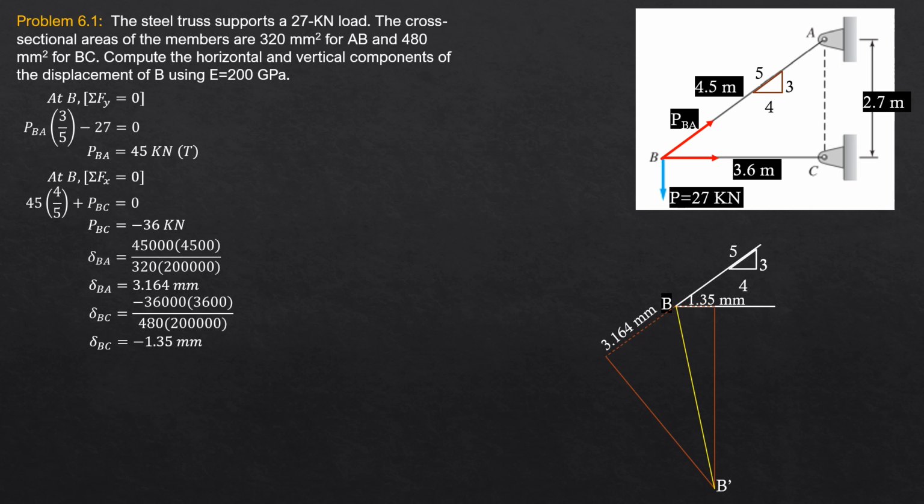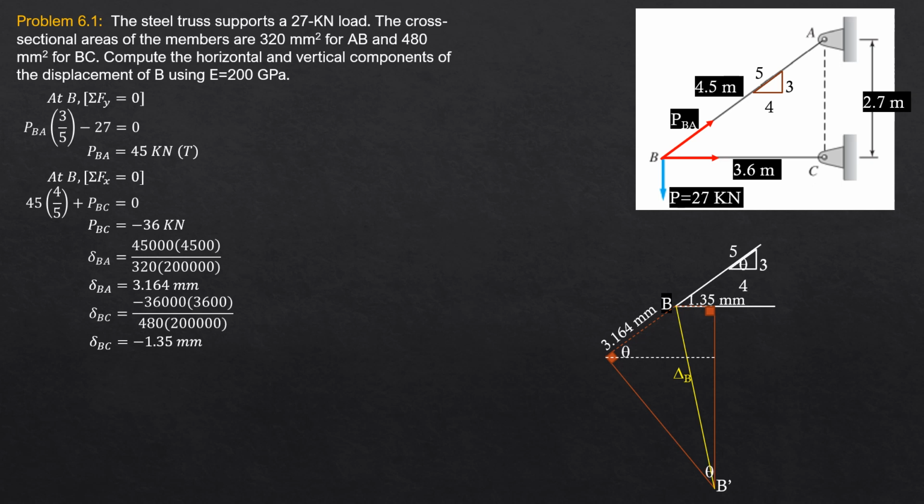that one. But we are only asked to compute for the horizontal and vertical components of displacement. So obviously, the horizontal component of displacement is 1.35 rightward, while the vertical component of displacement is this total vertical movement. So that's delta B. So that's perpendicular rather. And the angle here is also equal to this angle here, which I call theta. So this is also theta.